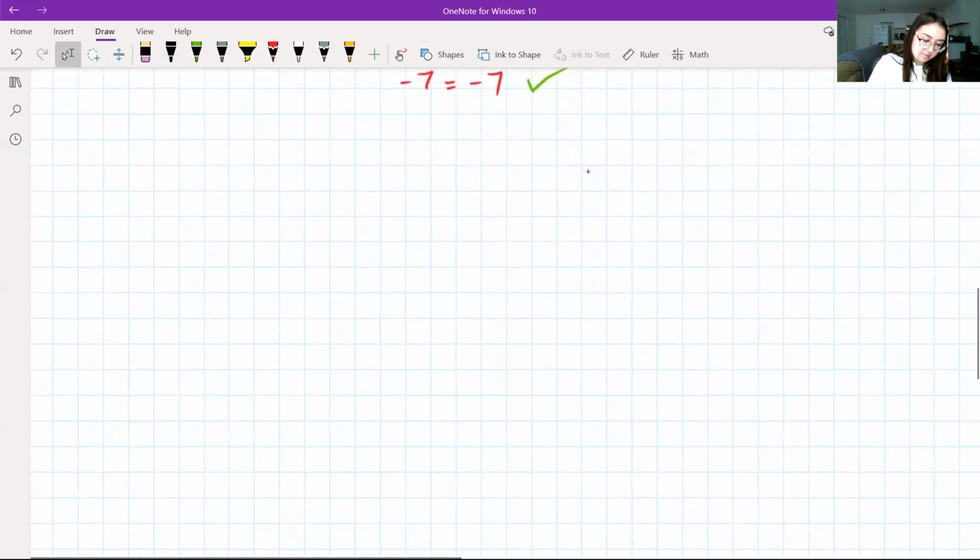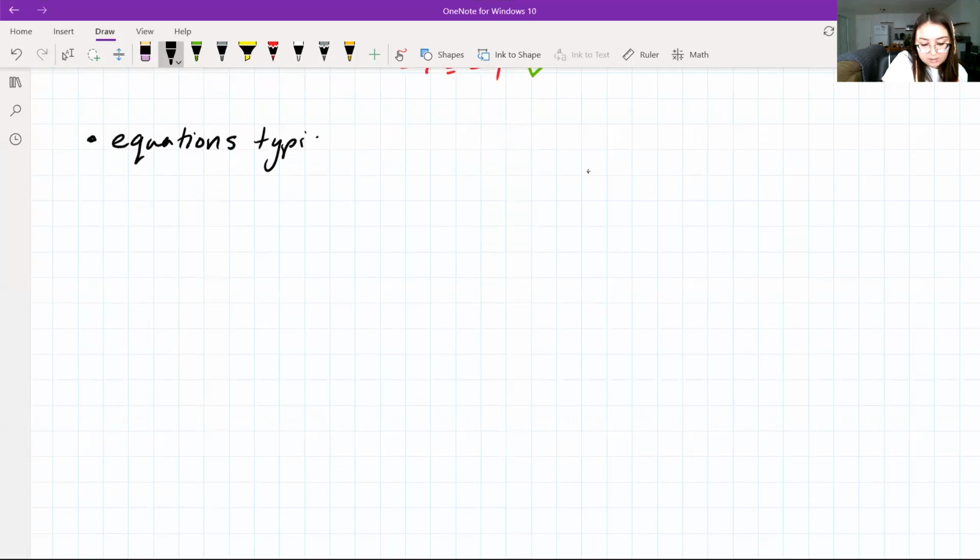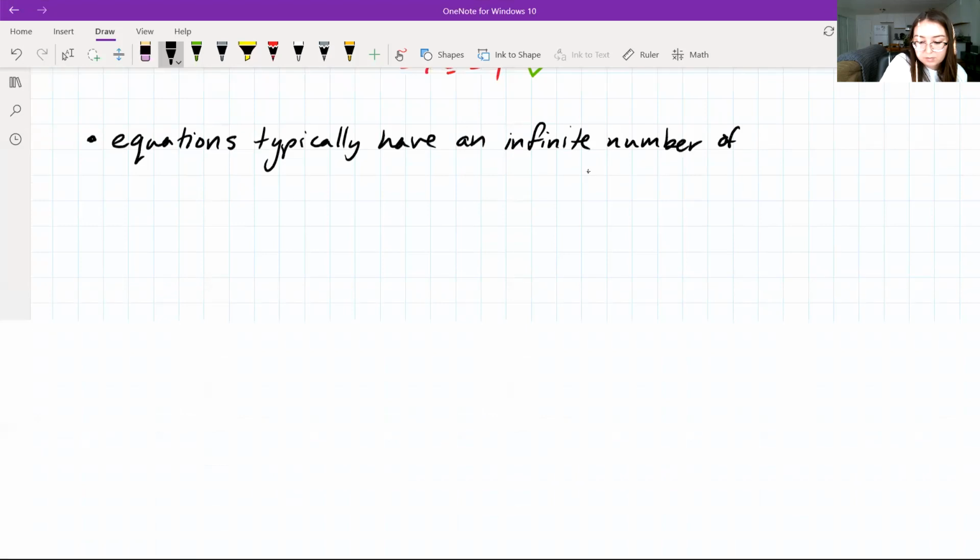So now that we've done that, we can take some notes on equations in general. Equations that are like this typically have an infinite number of solutions.